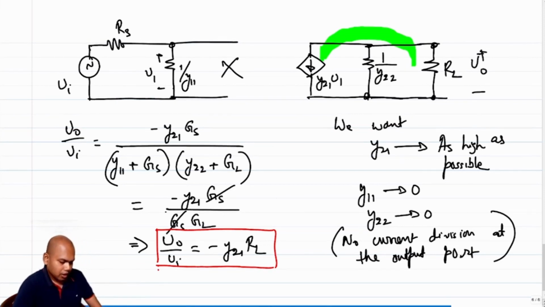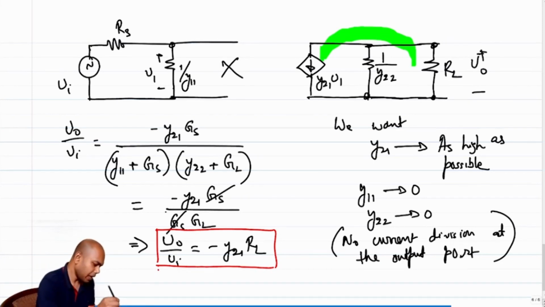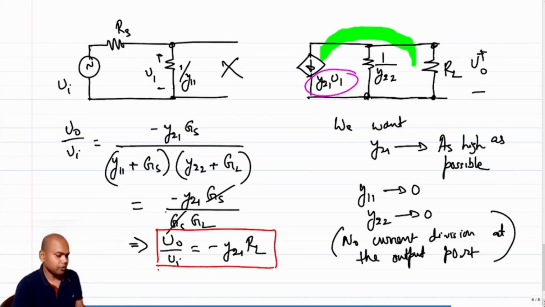Okay, so what about Y11 tending to 0? What does it signify? Now note that this main current, Y21 times V1, is dependent on obviously V1. And if I have to maximize this current, I should ensure that V1 is maximized.